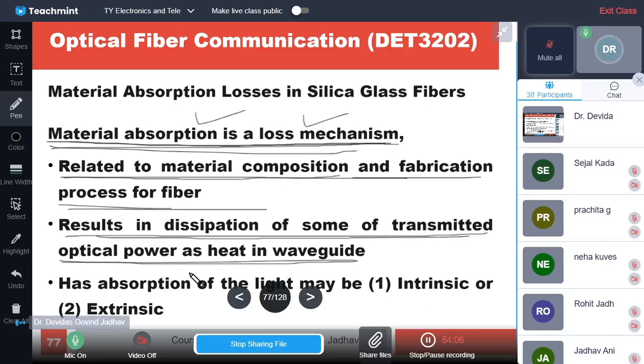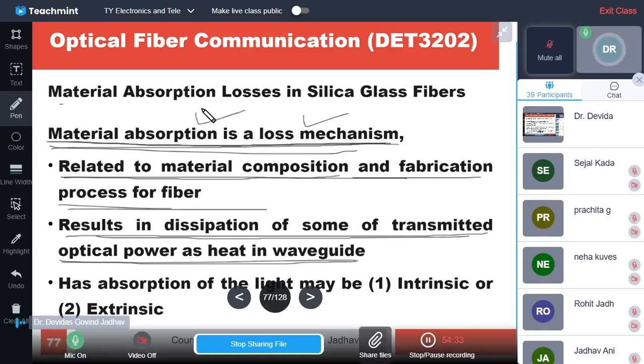So this absorption of the light may be either intrinsic or extrinsic. Okay, there are two types. If the term intrinsic is considered, it will be related to the intrinsic material, because these are material absorptions, isn't it?